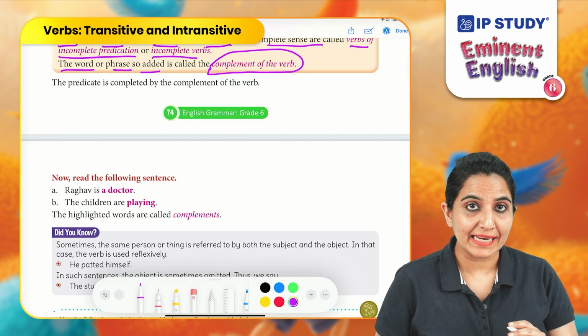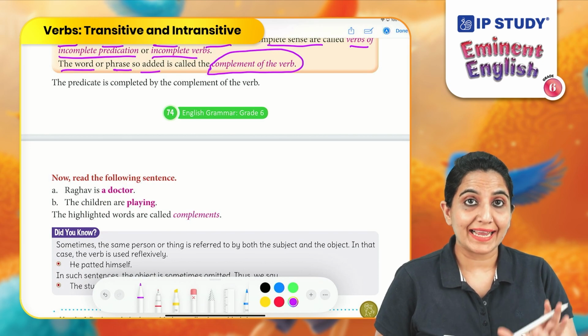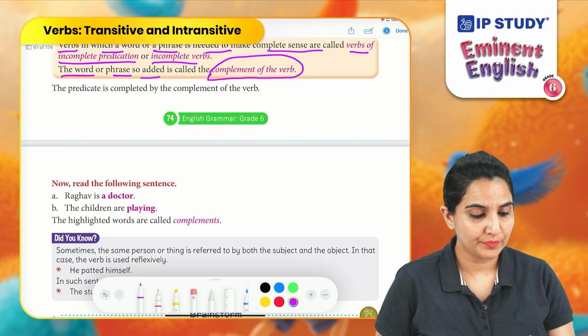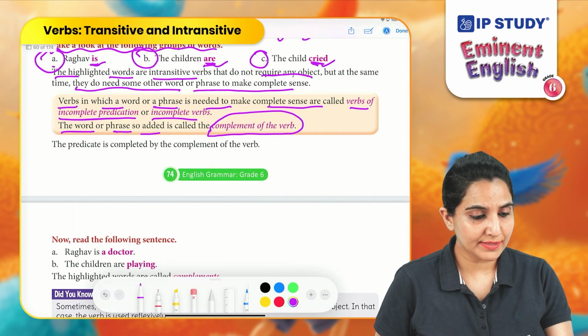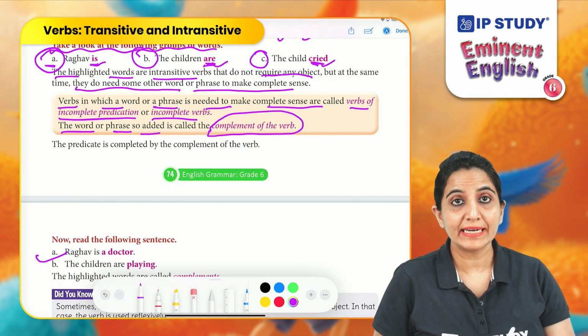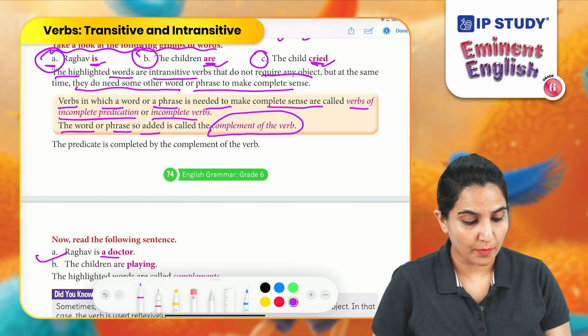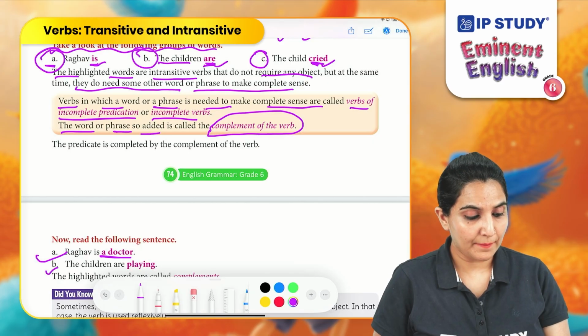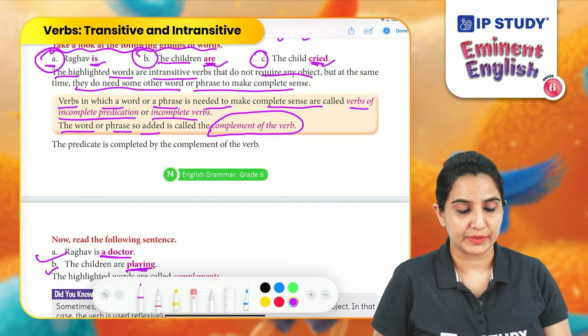Now let's read these groups of words again with a complement in the sentence. For example, Raghav is a doctor. So here we have added a doctor, which is a complement. The children are playing. So we have added the verb here.